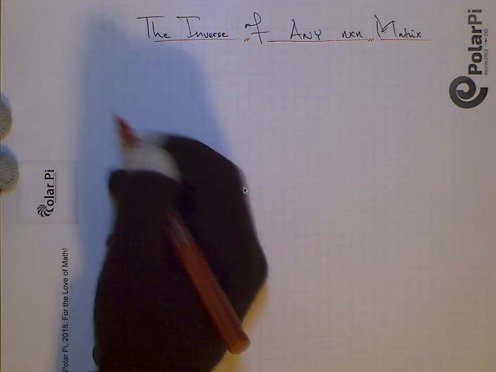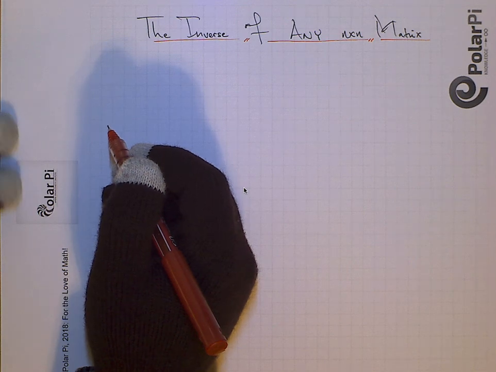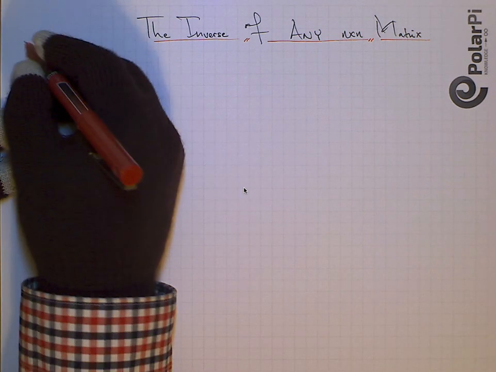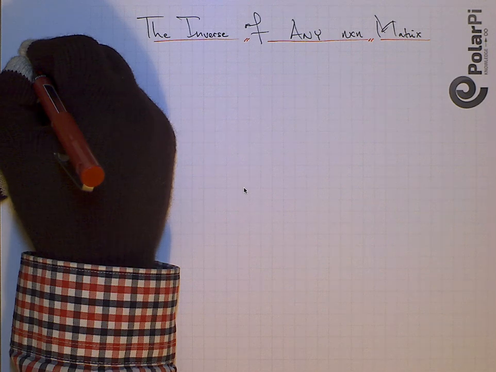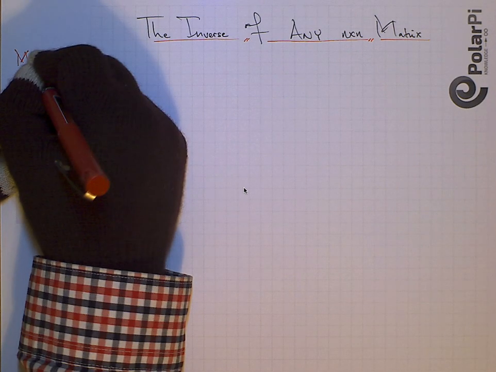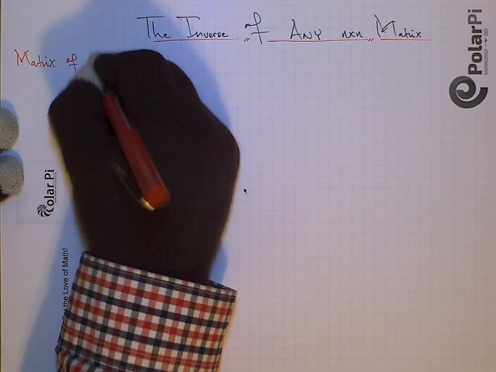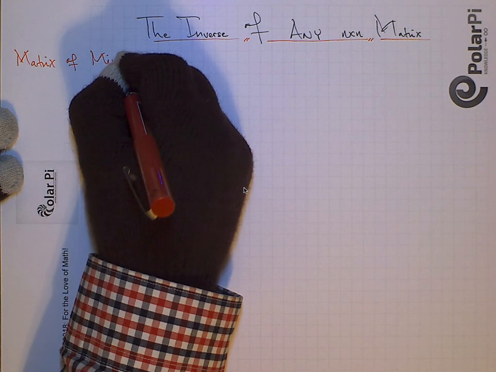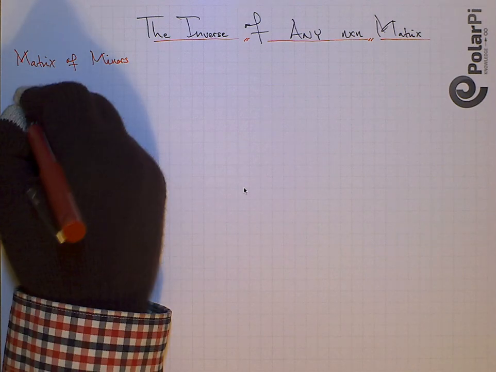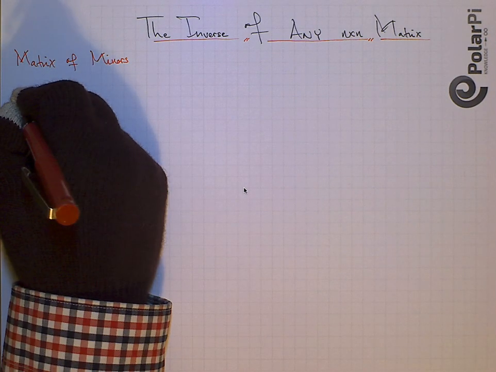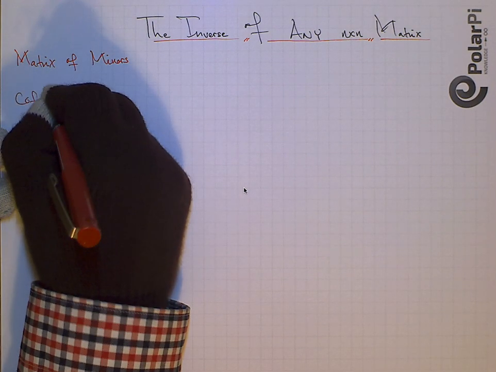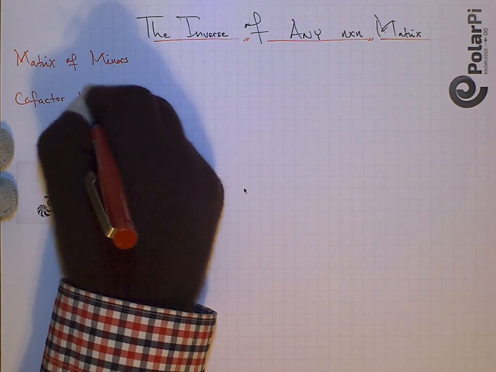And to find the inverse of a given matrix A in this fashion, you need to first find what's called the matrix of minors for that matrix A. Then from the matrix of minors, you need to find the cofactor matrix.